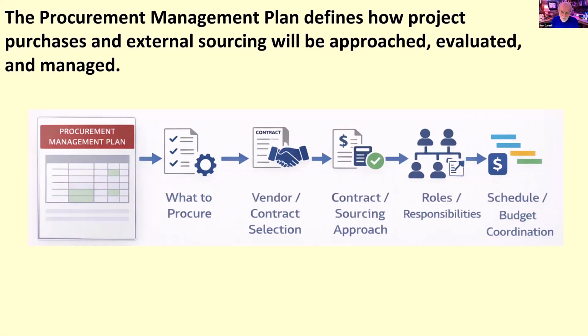Another important area is contract and sourcing considerations. The project may need to consider whether to buy, lease, contract, or outsource, as well as the type of purchasing arrangement that best fits the work. These decisions can affect cost predictability, flexibility, oversight needs, and risk exposure.